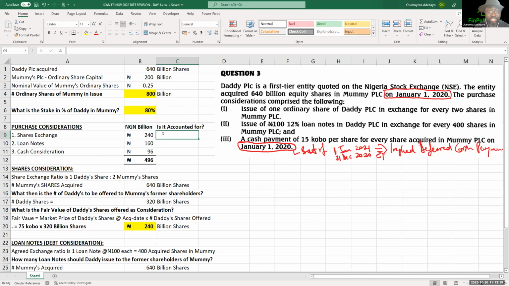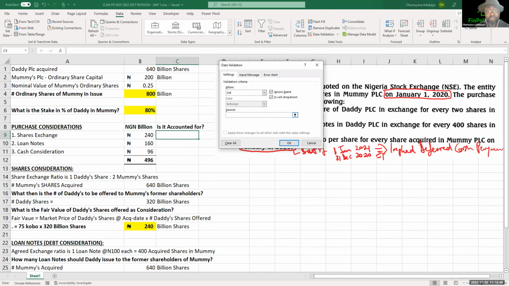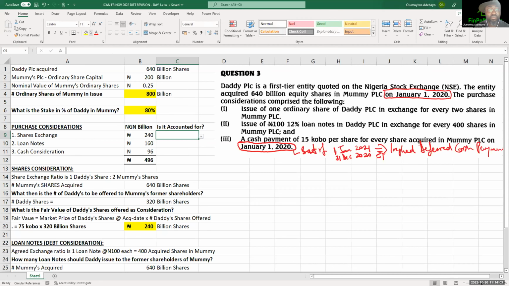All of this consideration, have they been accounted for? Now let me do something here so that we can answer yes or no. Now, is it accounted for?